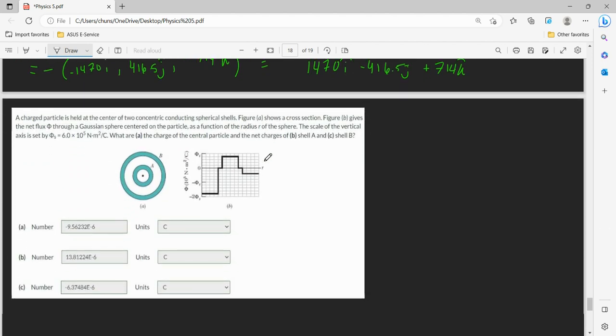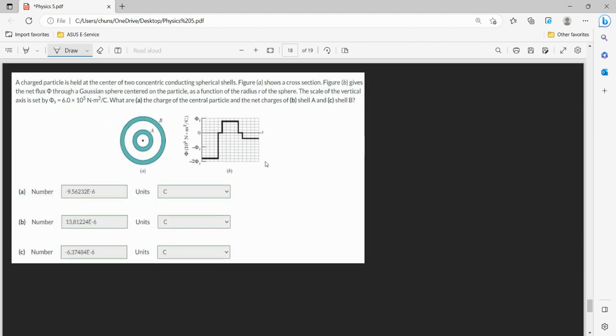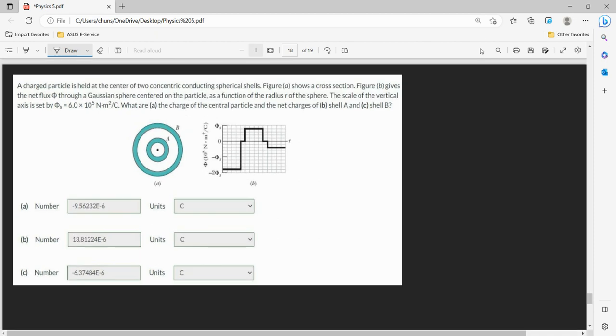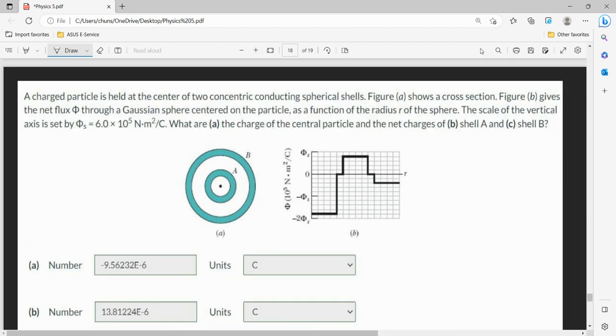Okay, last question. So this question is having us take the flux at different locations of two concentric conducting spherical shells with reference to a graph that is given to us on the right side.